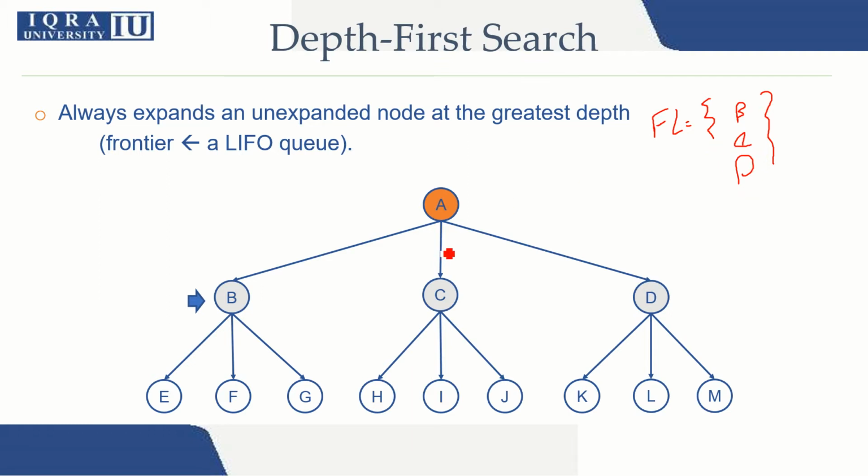So let's suppose B will exit first, and then the frontier list will look like this: B, D and C were there, and then the nodes of B will be pushed.